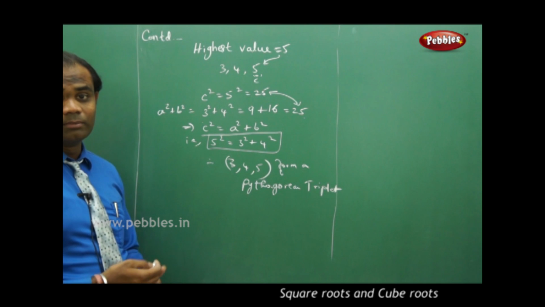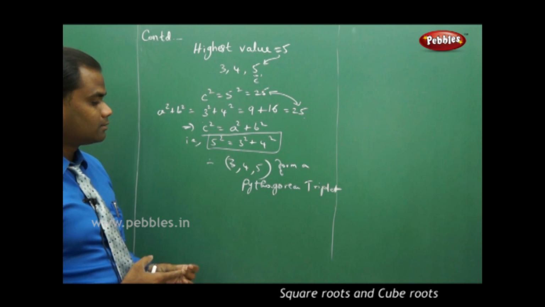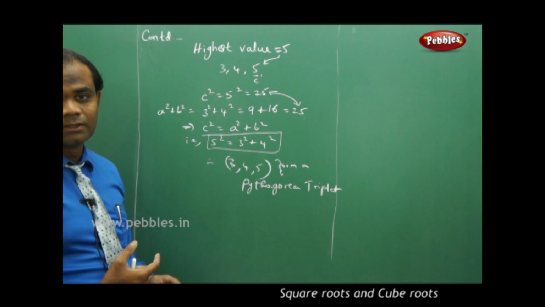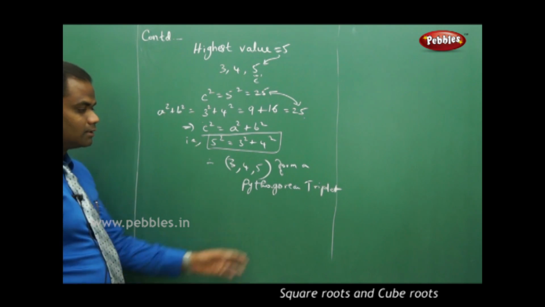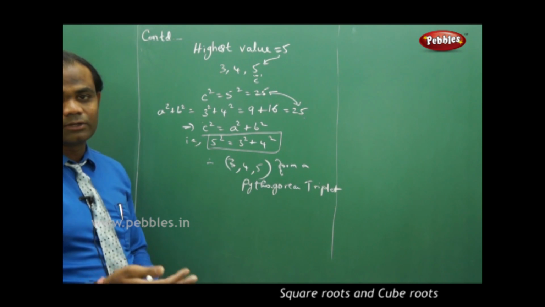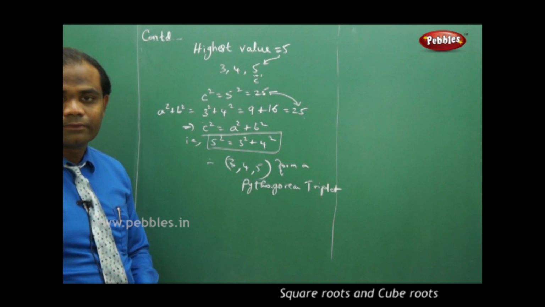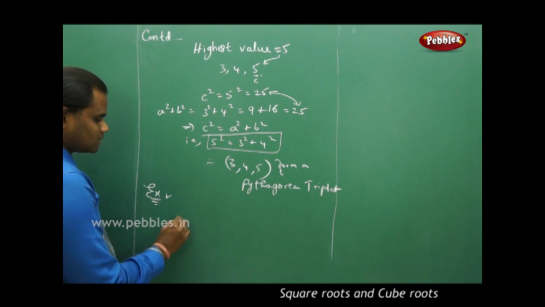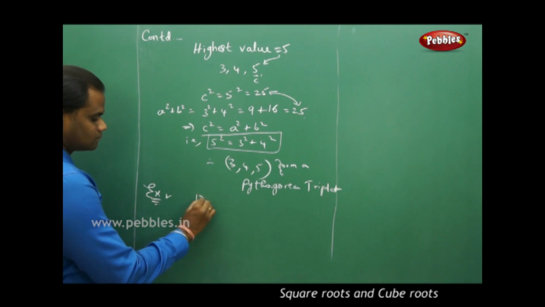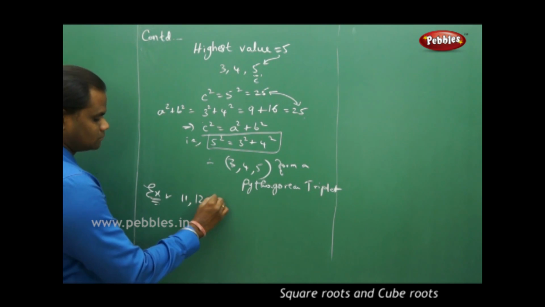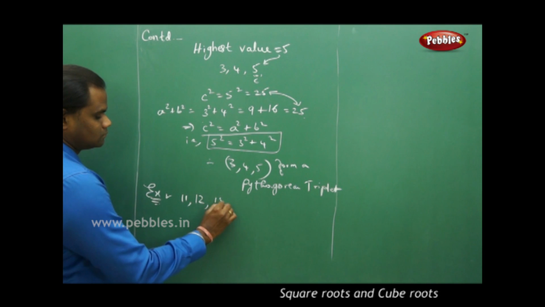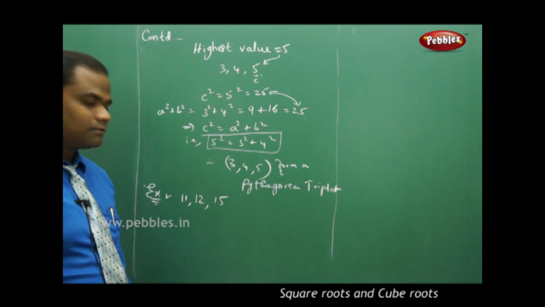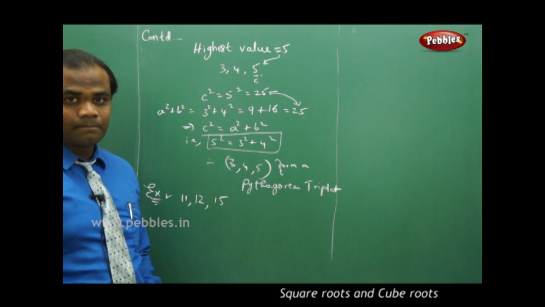So let's see another problem where we just test for the Pythagorean triplet and then justify whether the given triplet forms a Pythagorean triplet or not a Pythagorean triplet. Say I have three numbers 11, 12 and 15.